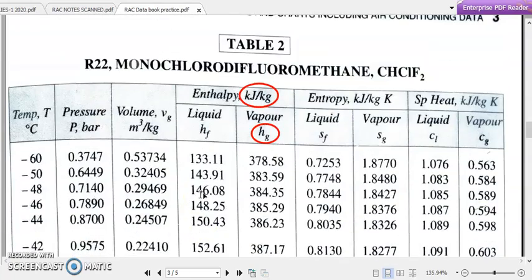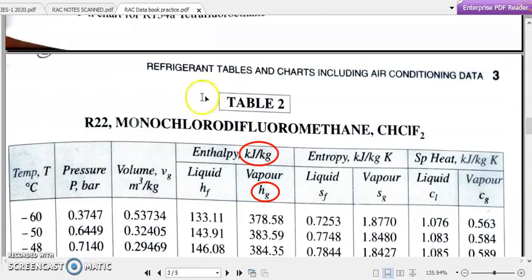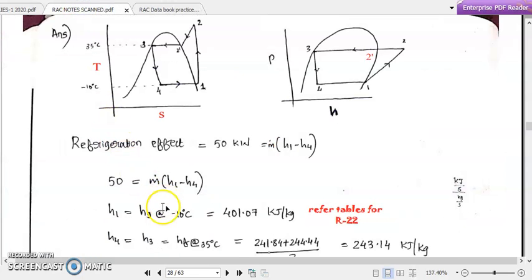So let me take that page. This is page number 3 in my data book, for R22 or monochlorodifluoromethane, CHClF2. That is the refrigerant in our question. We need to find H1, which is the enthalpy of saturated vapor at minus 10 degrees Celsius, because point 1 is at the saturated vapor state of the refrigerant.